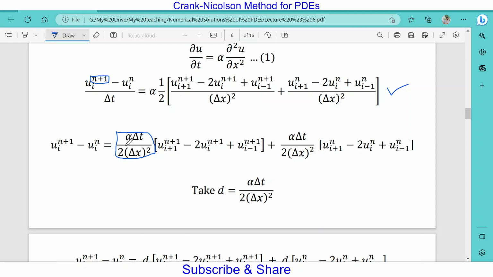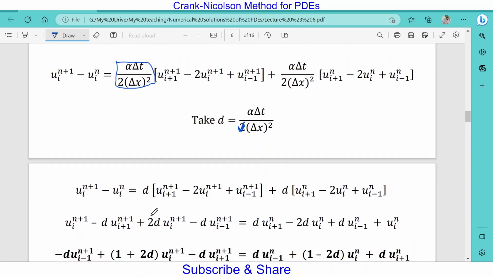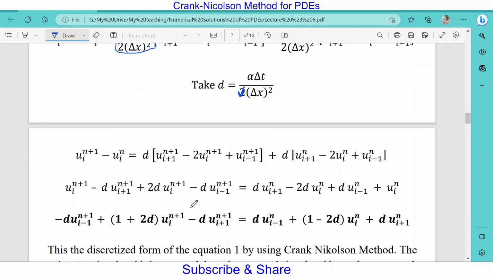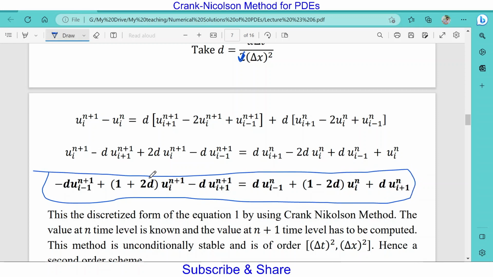This constant is different from the constants in previous methods, like there was no 2 in the denominator, but here we have 2 in the denominator. We will say that this constant is d, and then we will rearrange the equations, and this is going to be the final form of the Crank-Nicolson method, with all n plus 1s on the left hand side and n's on the right hand side.